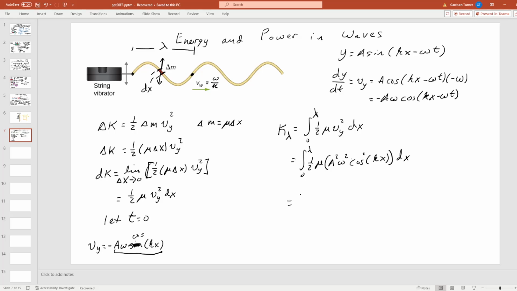A lot of stuff comes out because it's constant, so we have 1/2 mu A squared omega squared times the integral of cosine squared kx dx.